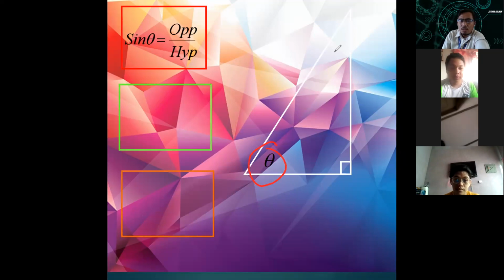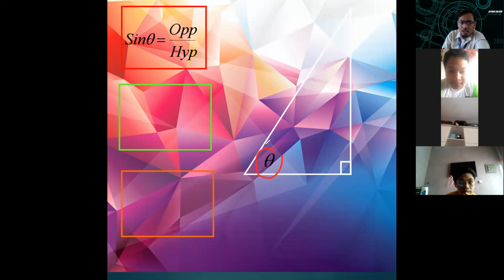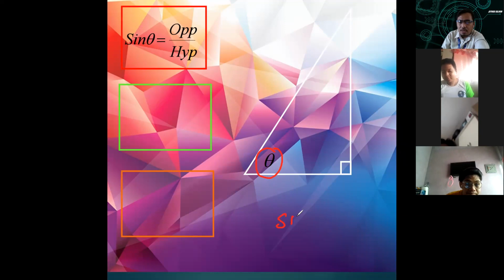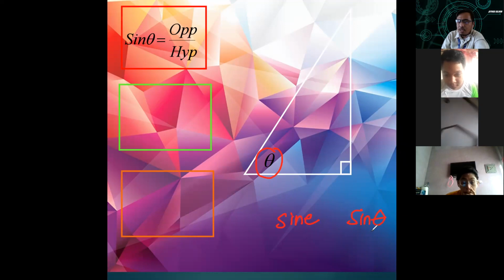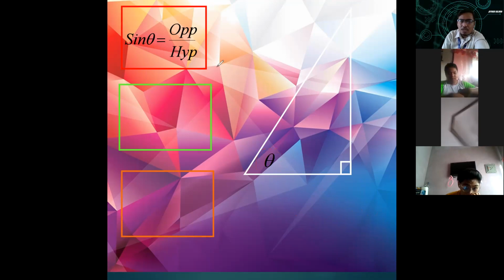If you are looking for the sine of this theta, by the way, instead of writing s-i-n-e, in notation we will just use s-i-n, then theta. You read this as sine theta. The sine of this theta is the opposite over the hypotenuse.